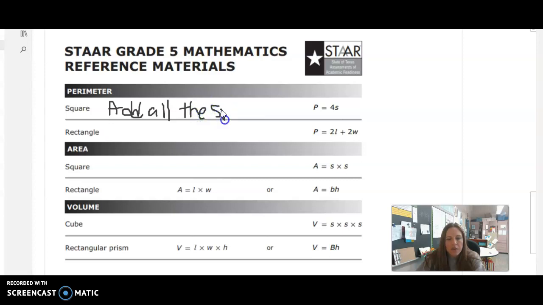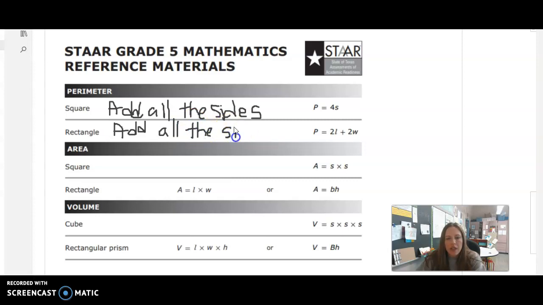sides. So if you were in my classroom, we would be doing this in our math journals. So if you have a math journal at home and your parent can print out a reference material sheet for you, go ahead and do that. Next to square and rectangle, add all the sides.